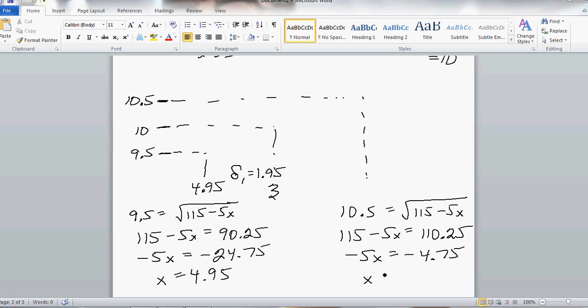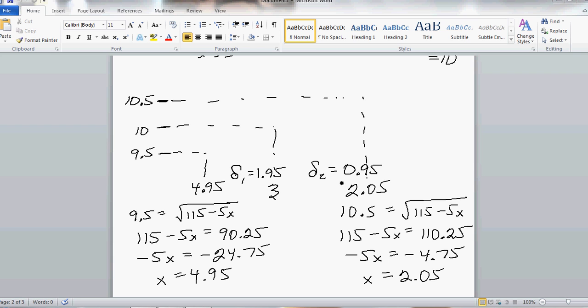And divide both sides by negative 5 so that x equals 2.05. Once again, quite a healthy spread, but you know what? We can calculate what the actual distance is there. So now we're ready to look at this and say, okay, what is delta sub 2? Well, with a fairly simple calculation, 3 minus 2.05, take the absolute value, it's 0.95.